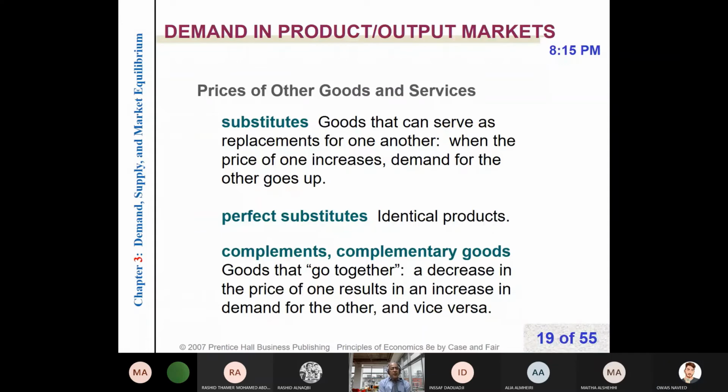So if the price of sugar decreases, I will buy more sugar and more tea. So as the price of sugar decreases, demand for tea will increase. Let's take another case. Assume now the price of sugar increases. What will happen to demand for tea?